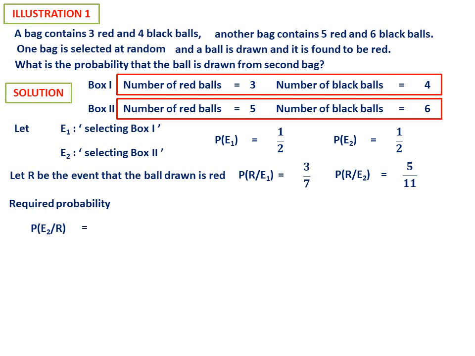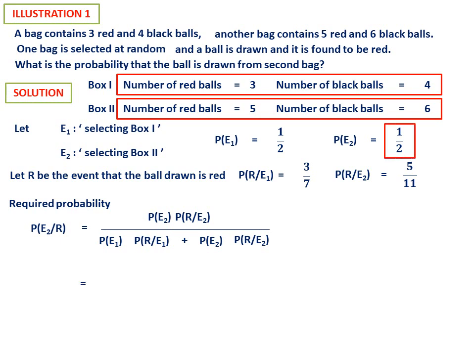It is found that it is red. So now the Bayes theorem formula is probability E2 into probability R given E2, divided by, here only 2 cases, probability E1 into probability R given E1 plus probability E2 into probability R given E2. You see here E1, E2, E3 can be any number, En. So here n is 2, only 2 cases. Now substitute.